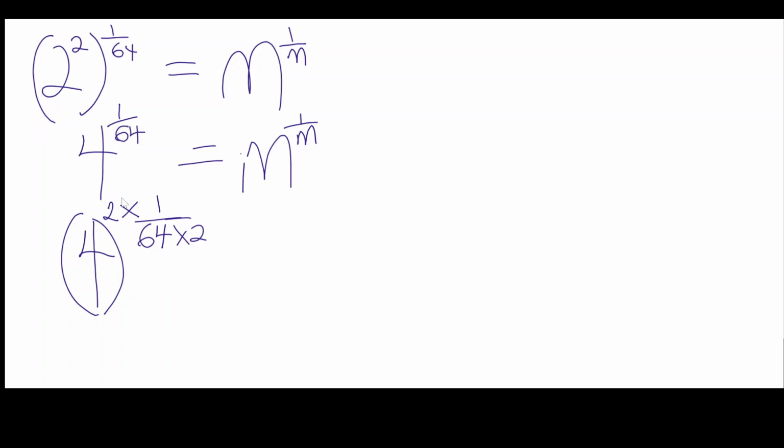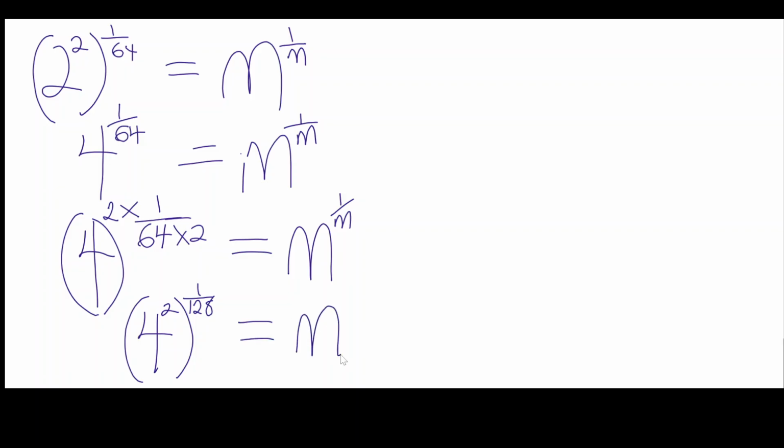So I'm going to be leaving it as this. So all still equals m to the power of 1 over m. And of course, I can bring the 2 inside the bracket to have 4 raised to the power of 2, then to the power of 1 over 64 multiplied by 2, which is going to give us 128, of course. Which is going to equal m to the power of 1 over m.